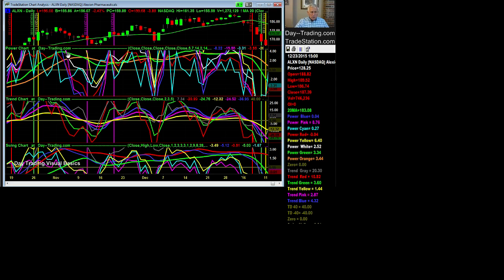When the power green is above the power orange, you are in an uptrend, like right here. However, right in this area, the power green has turned down and started going downhill.